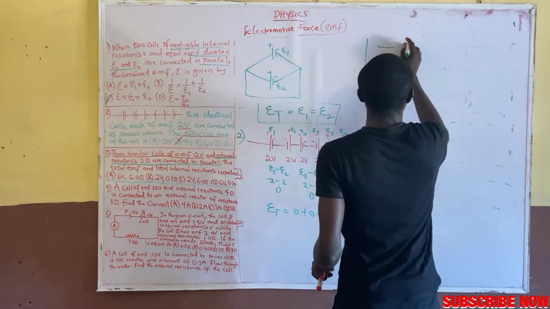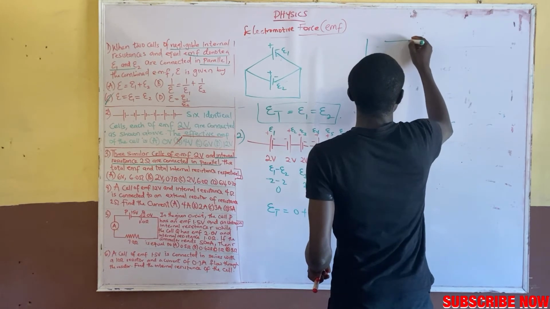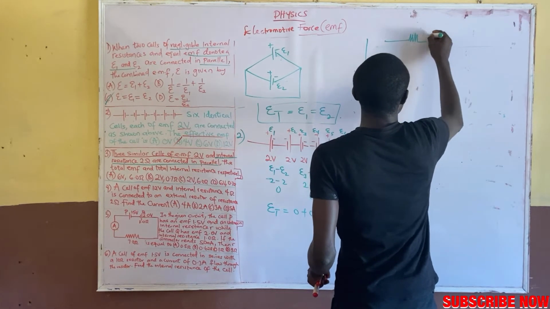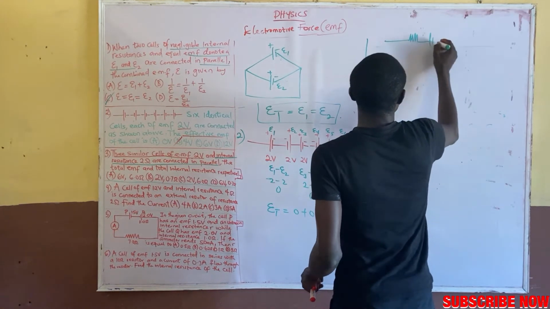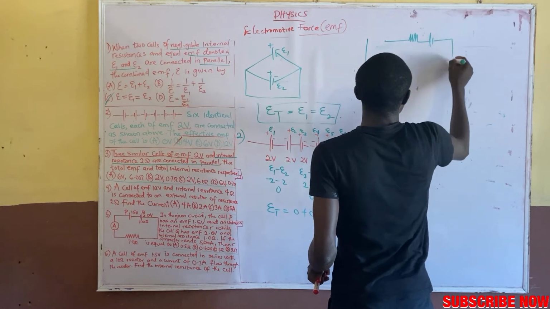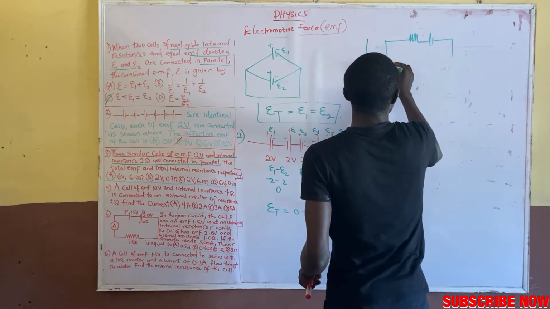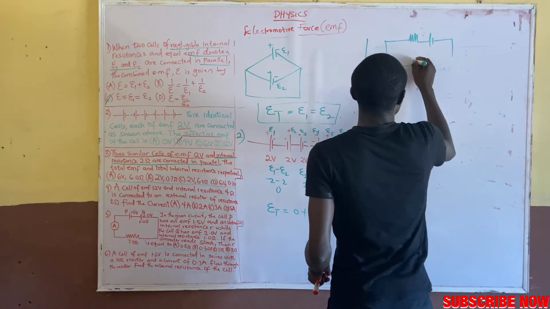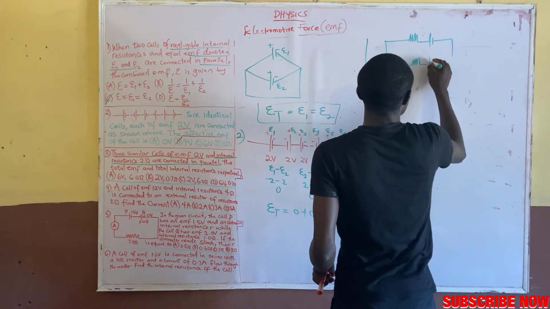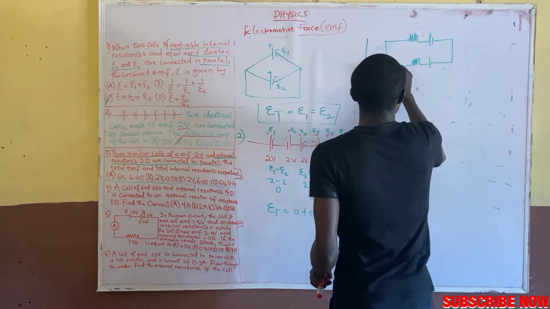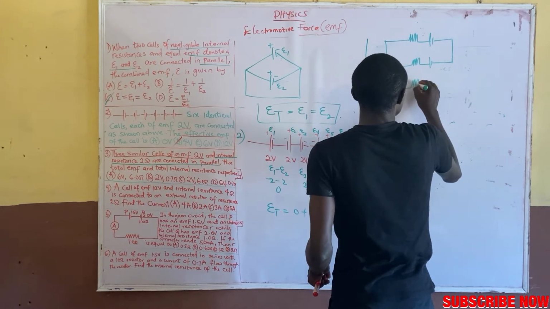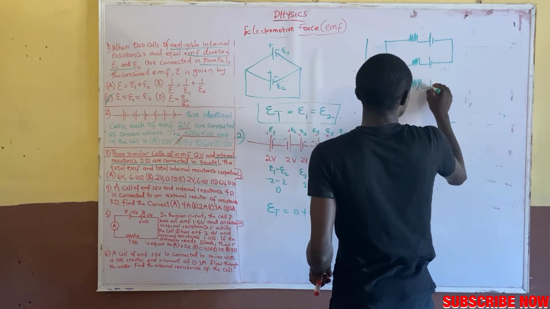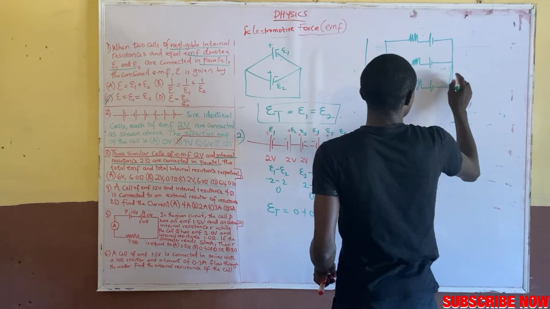If I have an internal resistance and a cell connected in parallel to each other, we have another internal resistance with an EMF connected in parallel. And lastly, it is 3 similar cells connected in parallel.